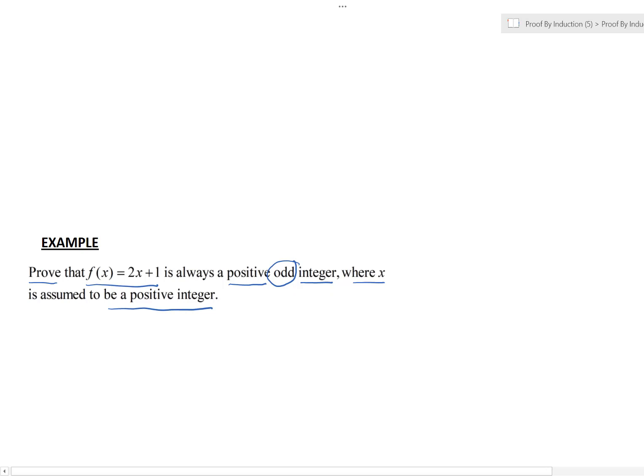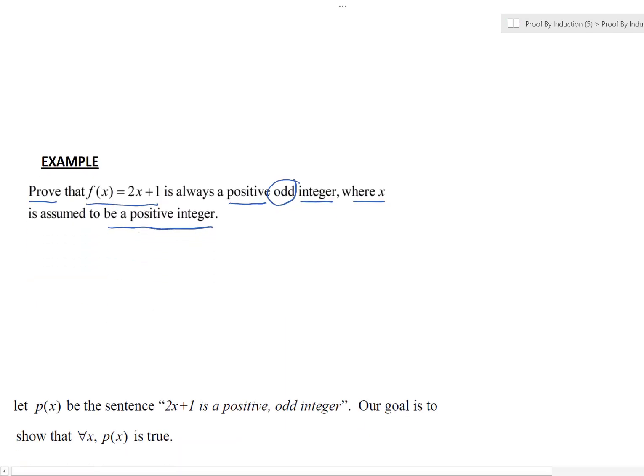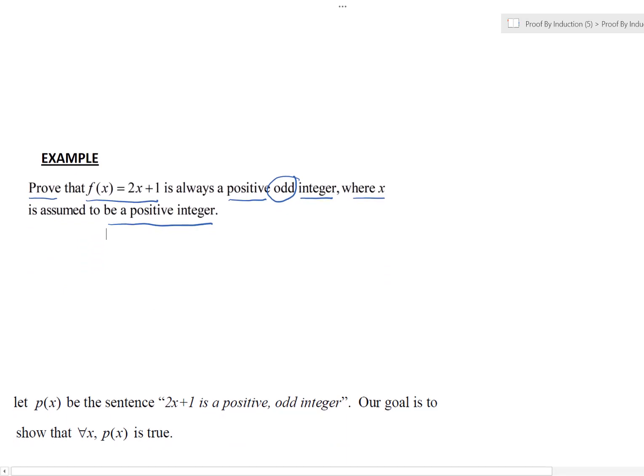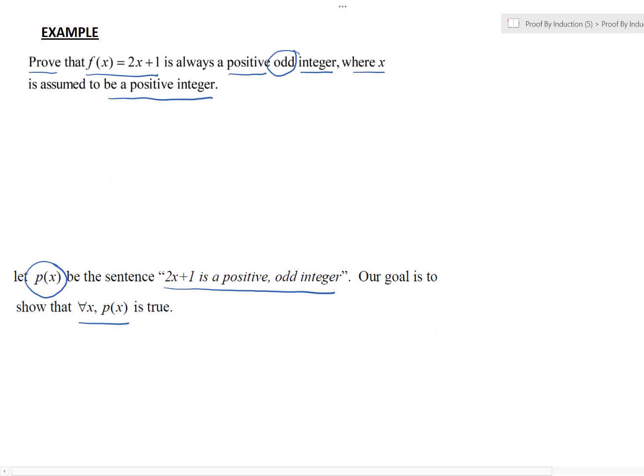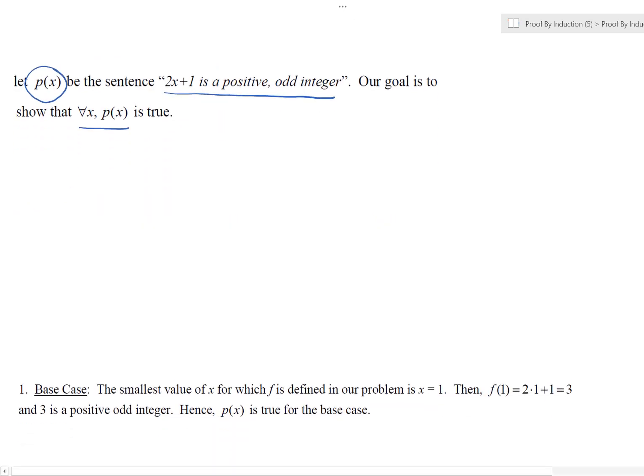We're going to do this by using mathematical induction. So what does that mean? Well, first of all, we create a sentence: 2x plus 1 is a positive odd integer, which we're trying to show is true. Let's let P of X represent the truth value of that statement. And our goal is to show it's always true. In other words, P of X is true for all X. So we've got that statement set up.